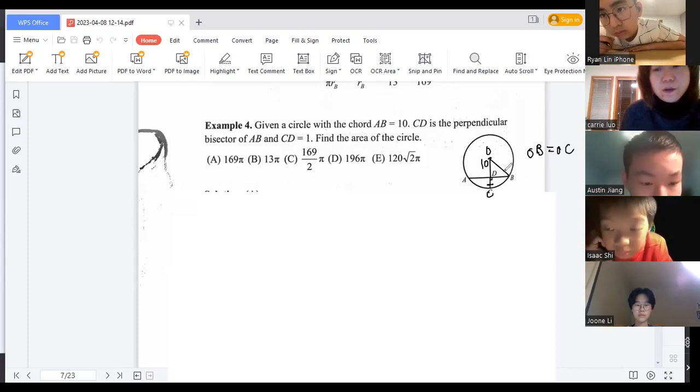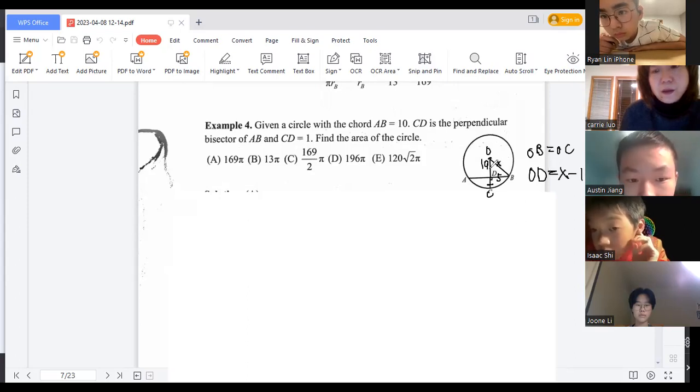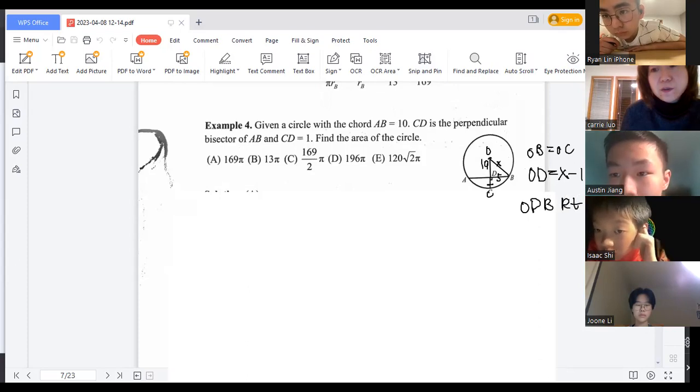Because they're all the radius of the circle, right? So I know AB equals 10, and because D bisects AB, so this one obviously is 5, right? And I don't know what it is, but I can just name it as X, and this is X, so obviously OD equals X minus 1. And because OD is perpendicular to AB, ODB is a right triangle.